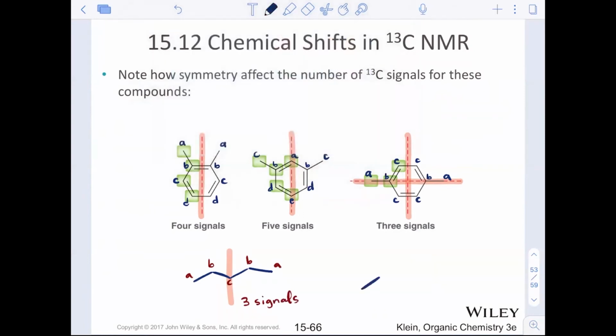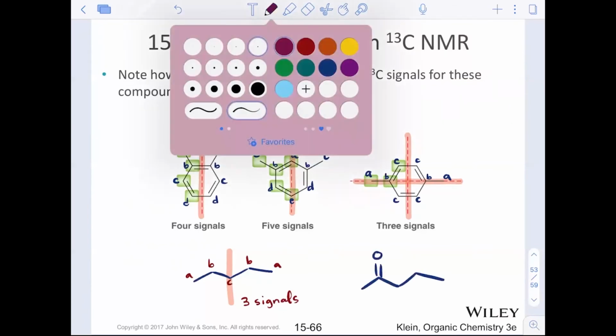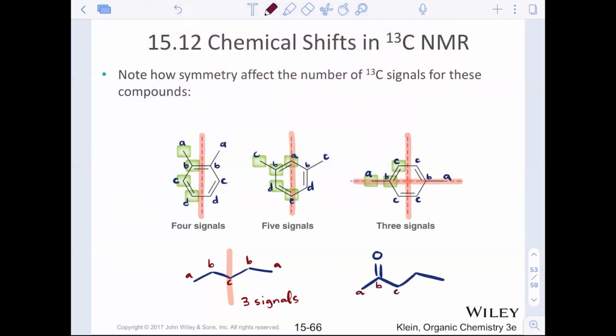If we were to throw in something that's not symmetrical, now our molecule is not symmetrical anymore, all 5 of these carbons are different, right? Beautiful. So same way that we've dissected the molecules before in talking about symmetry and looking at equivalent carbons, now it's a little bit easier, I think, in carbon-13 NMR than in proton NMR because you don't have CH2 groups, right? You have just plain old carbons, and we're not focusing on multiply attached hydrogens.